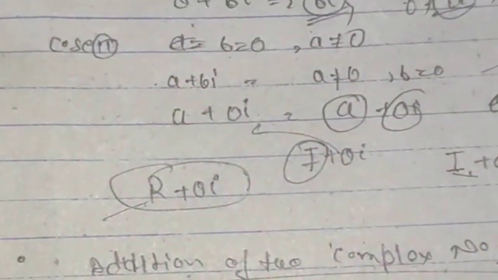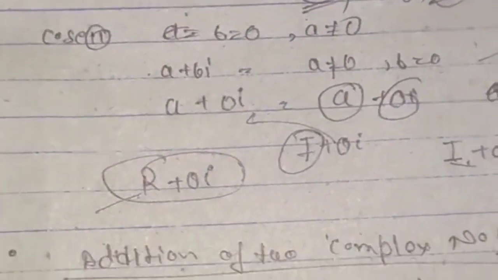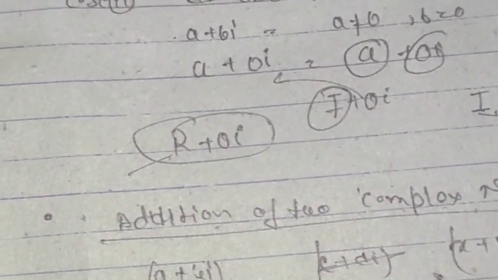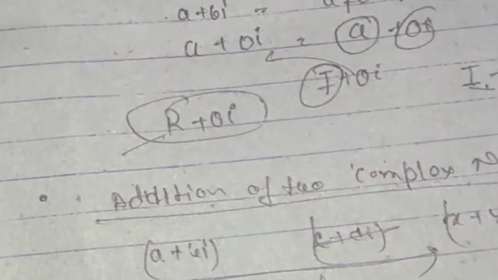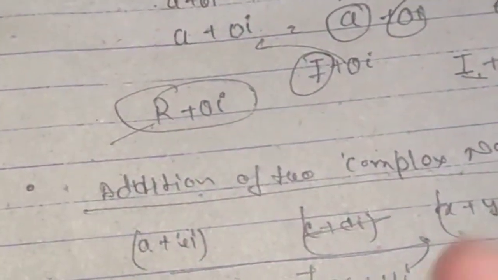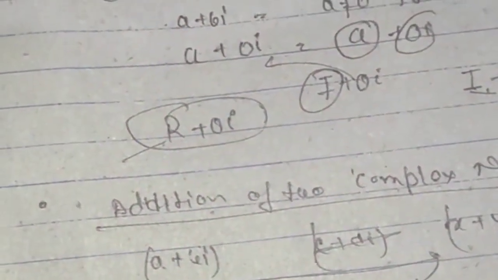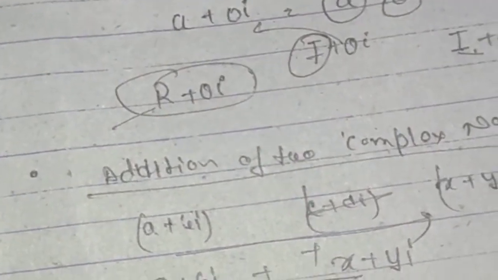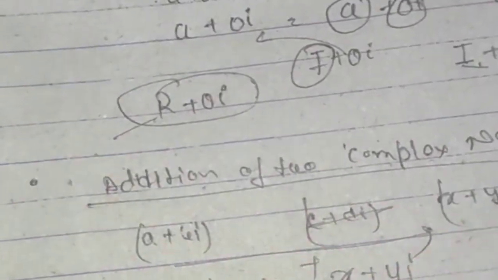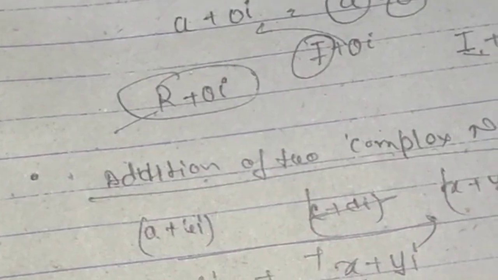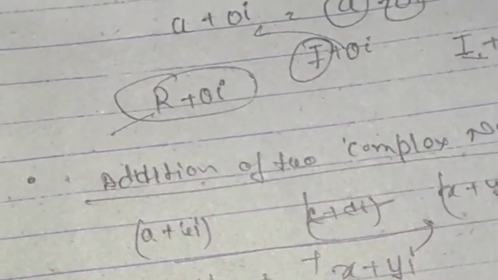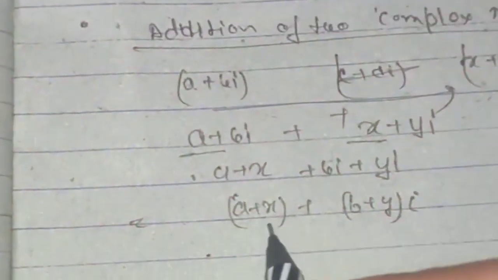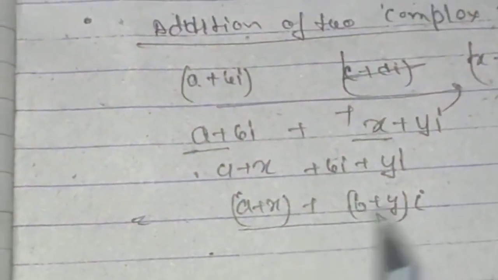Now we add. A real part adds with the real part, and the imaginary part adds with the imaginary part. That is, (a plus x) plus (b plus y) iota. This is called the addition of two complex numbers.